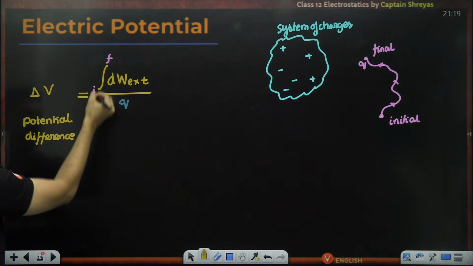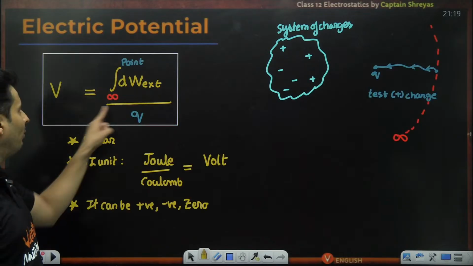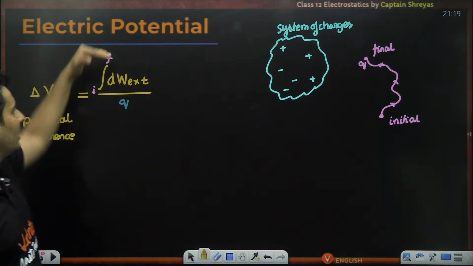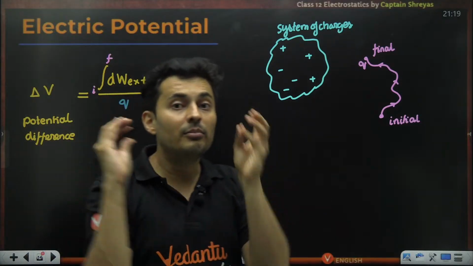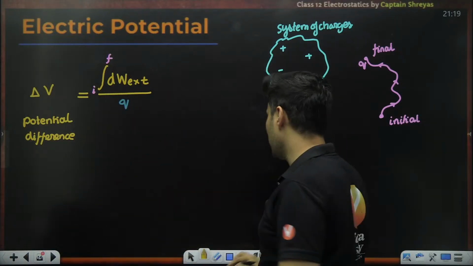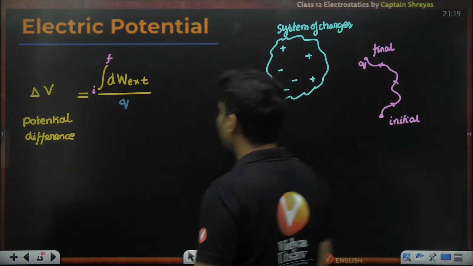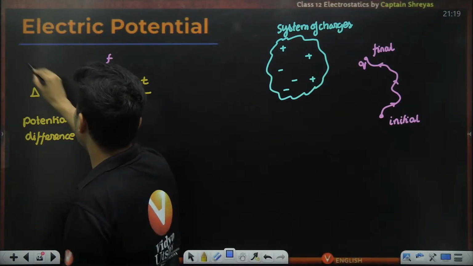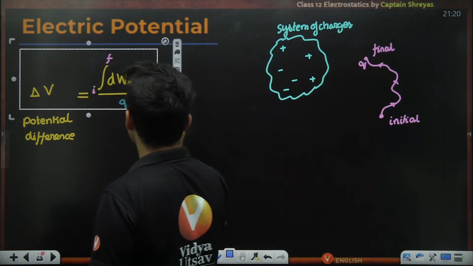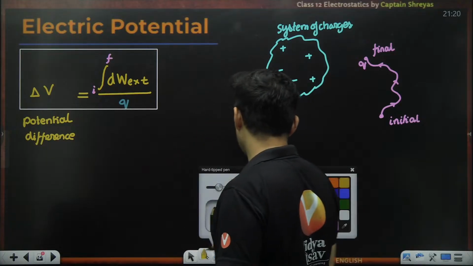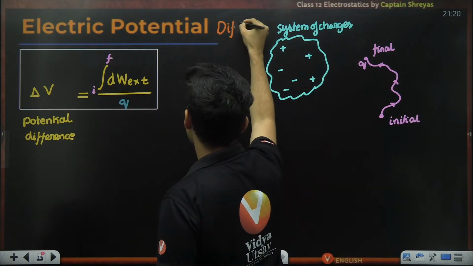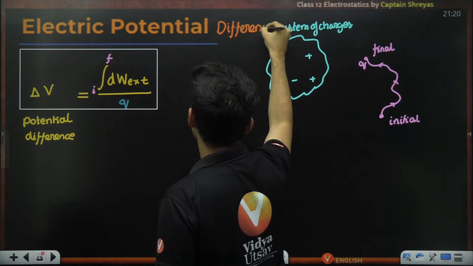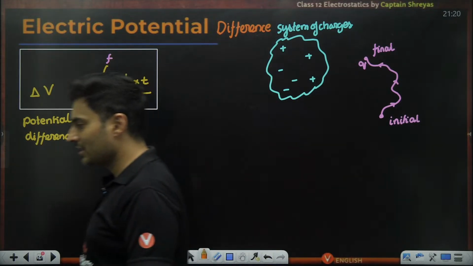Instead of coming from infinity to that point, you go from point 1 to point 2. That work done per unit charge from one point to the other is then called the electric potential difference. Very, very important. Is this absolutely clear?